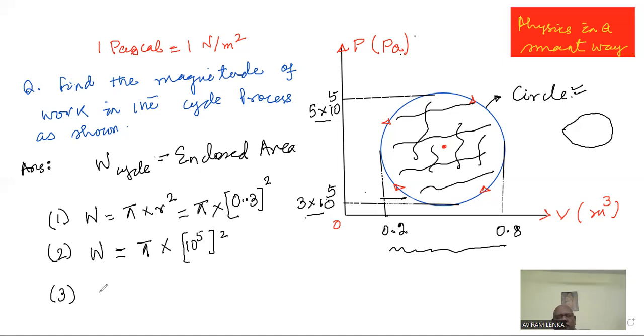Because the area is pi r square, he or she thinks like this: if I consider the radius along the volume, then the radius comes out to be 0.3.